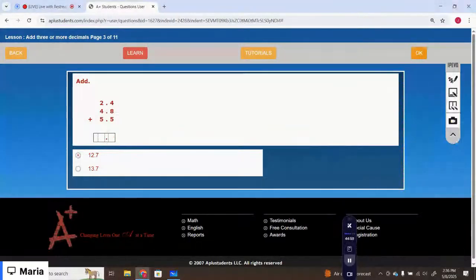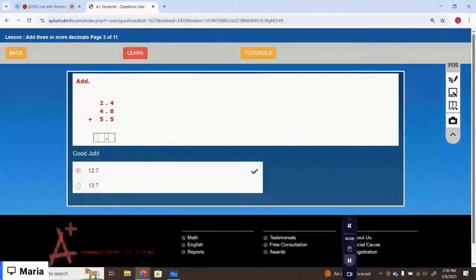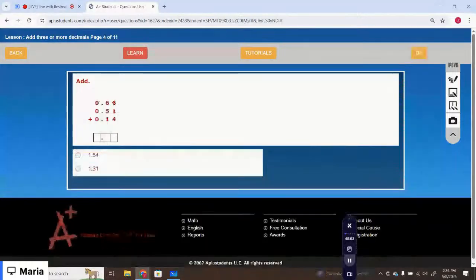Option number 1 is the correct option. Next, 0.66 plus 0.51 plus 0.14.